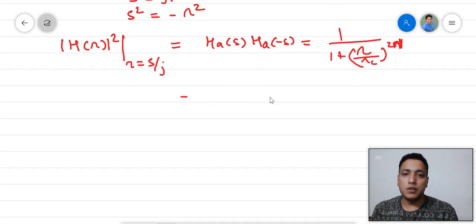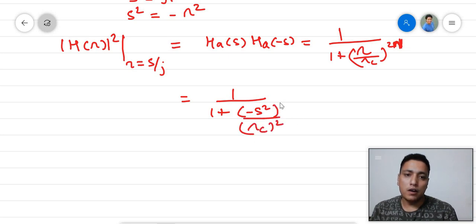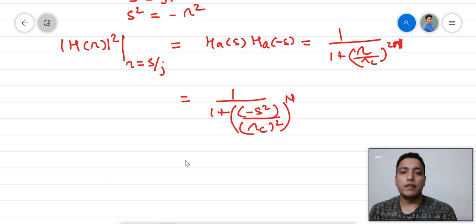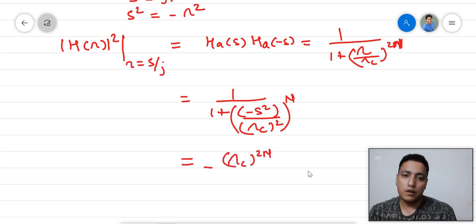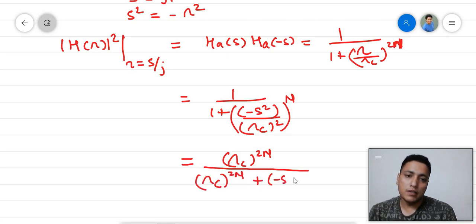If you substitute the values, it will be 1 over 1 plus (minus s squared over omega c squared) to the power n. Then we can write this as omega c to the power 2n over omega c to the power 2n plus (minus s squared) to the power n.